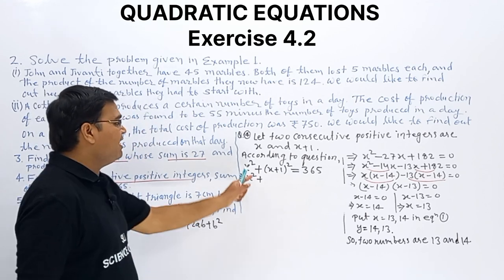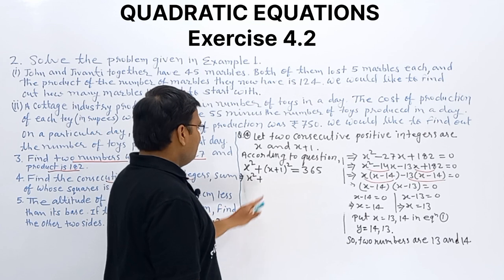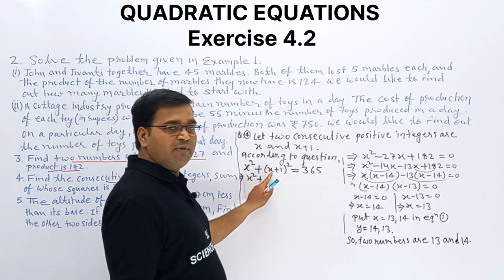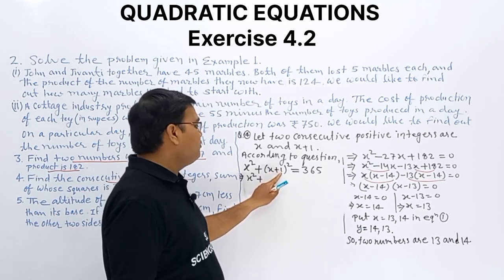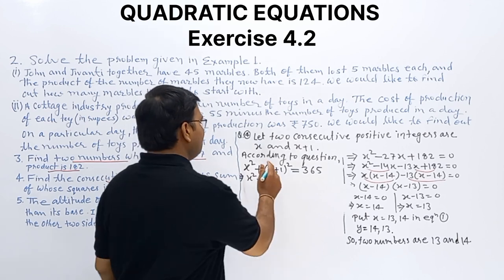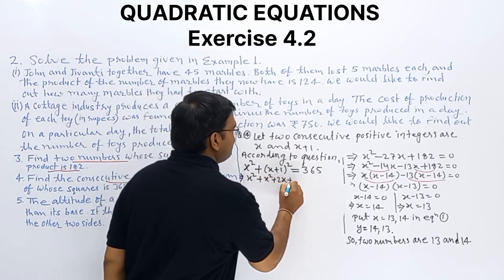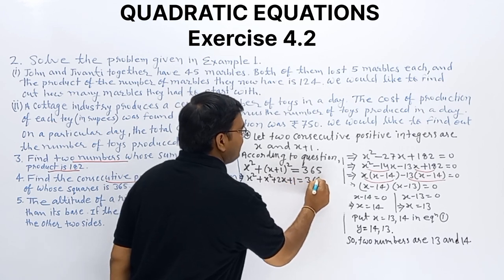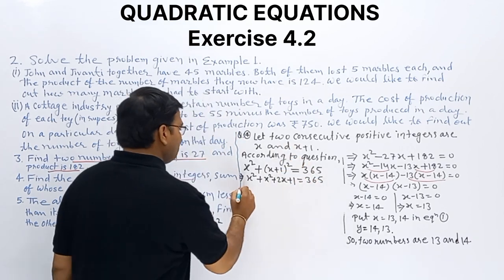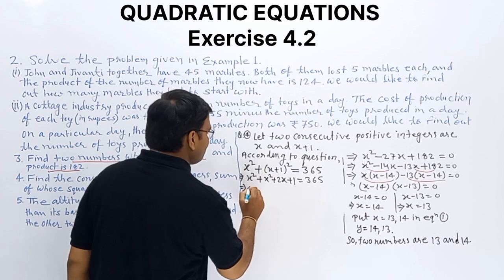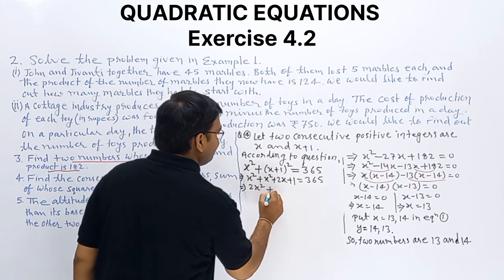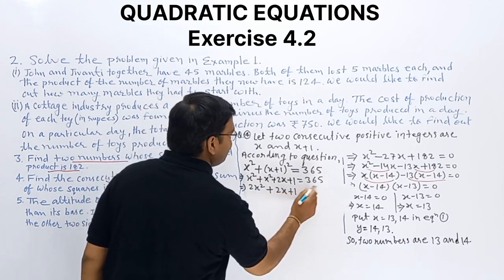Use this identity there. In the place of a we are having x. At the place of b we are having 1. Apply this one. Then what will be the result? x square plus 2x plus 1 equal to 365. Solve this one. x square plus x square will be 2x square plus 2x plus 1.